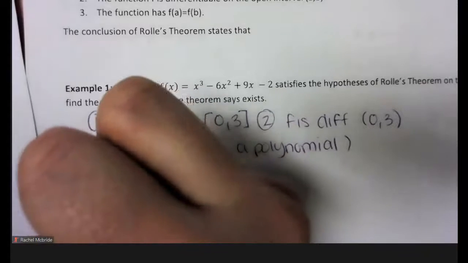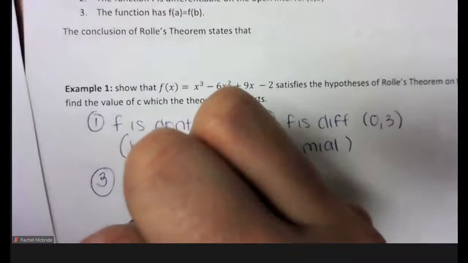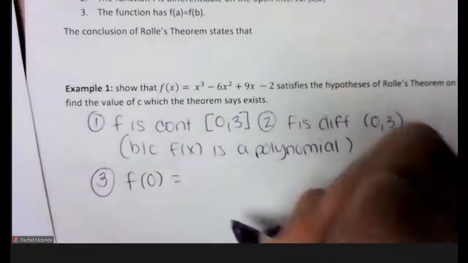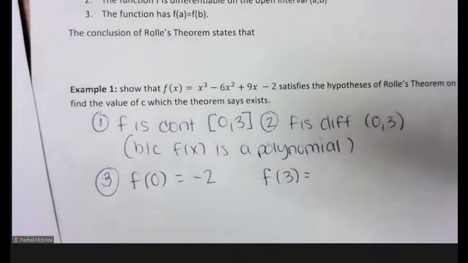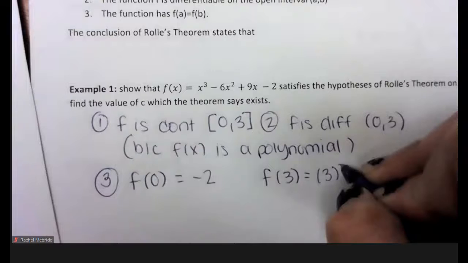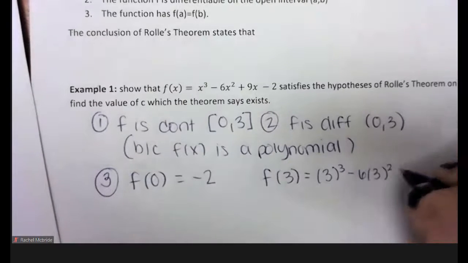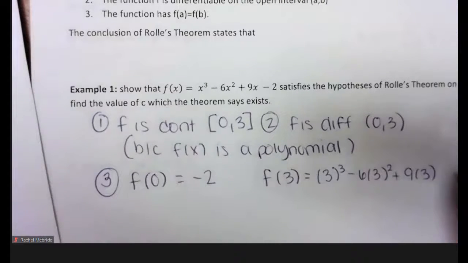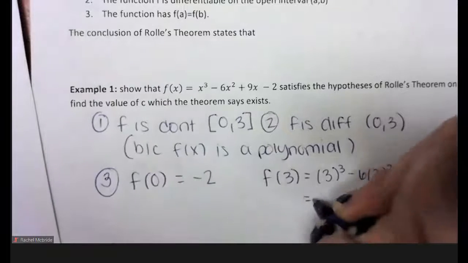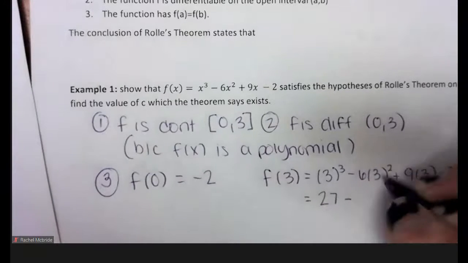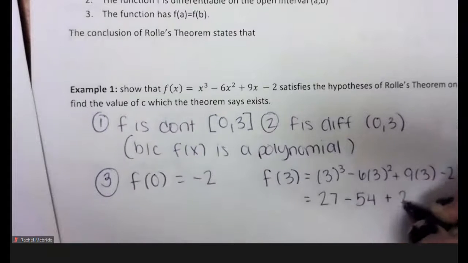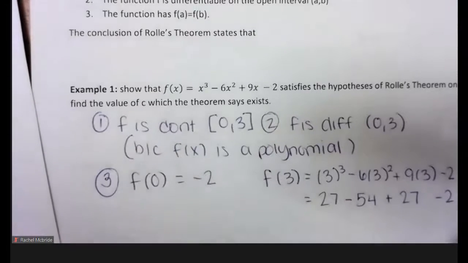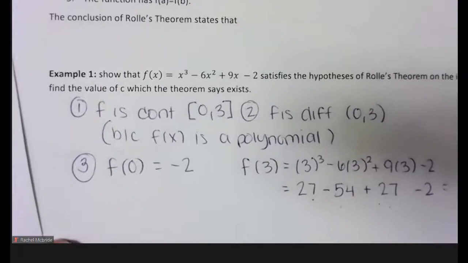For part 3, you have to show f of 0, in this case negative 2. You have to show f of 3, 27 and 27 is 54. 54 minus 54 is 0.